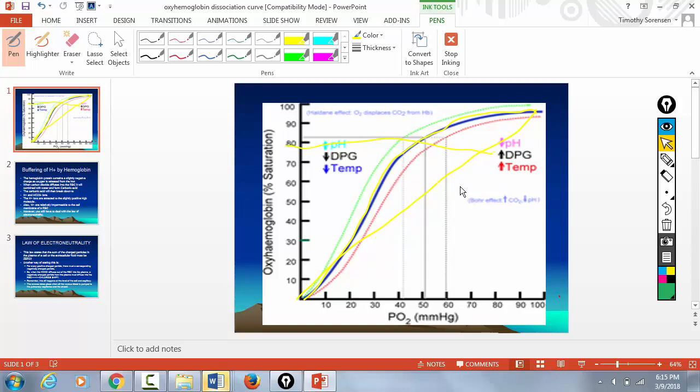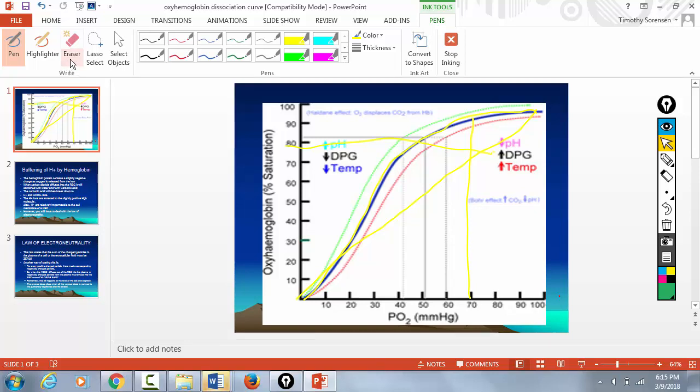But if you look, now watch, you can drop to PO2s as low as 70 and you can still saturate almost 95% of your hemoglobin. That's due to the fact that when one oxygen binds to the iron on hemoglobin, it makes the other ones easier to bind. Do you follow that, guys?